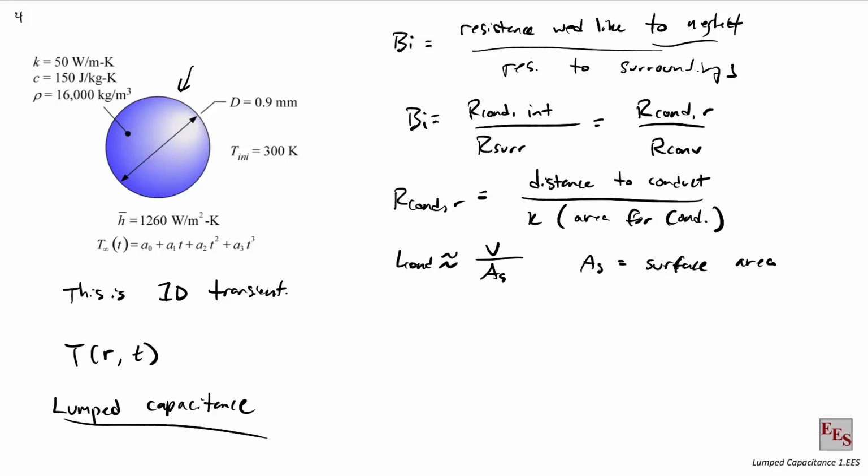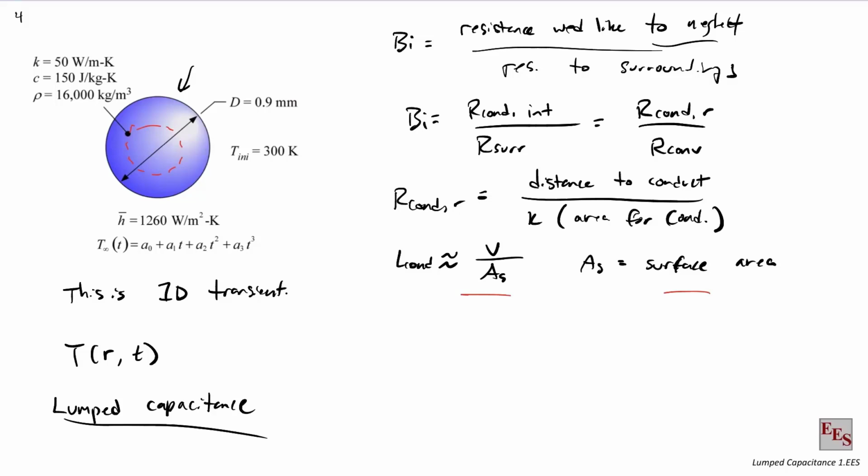You have to pick an area, and that's as good an area as anything else. Certainly you could calculate some other area, but taking this approach and this approach together is usually a pretty good approximation.